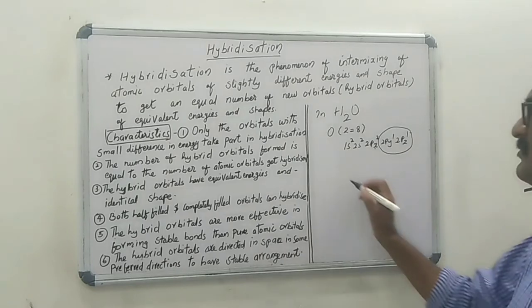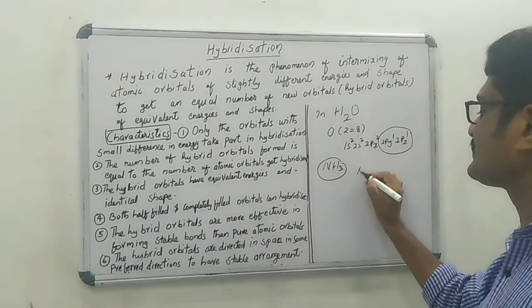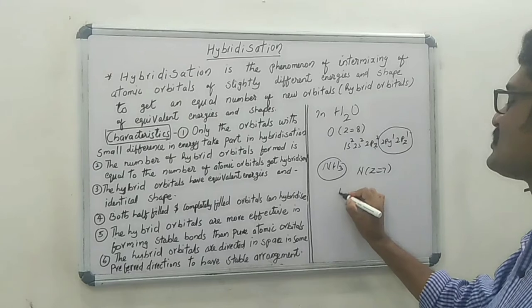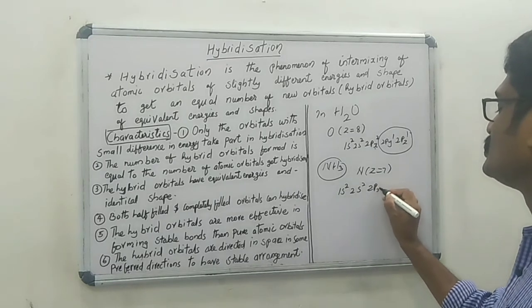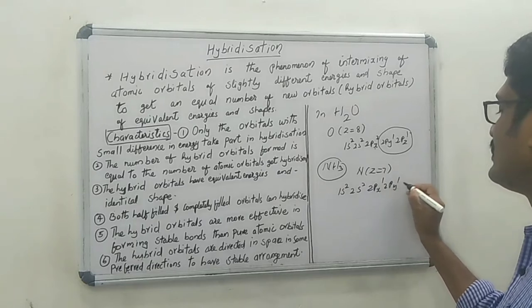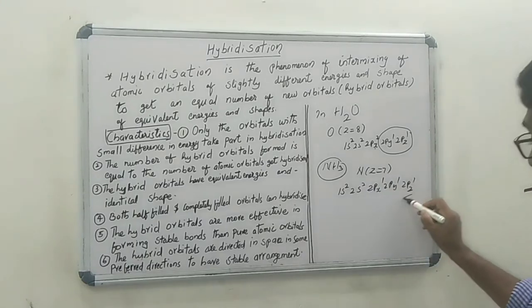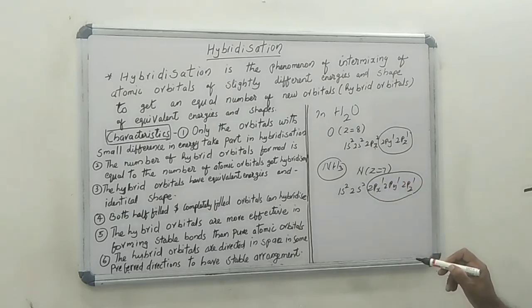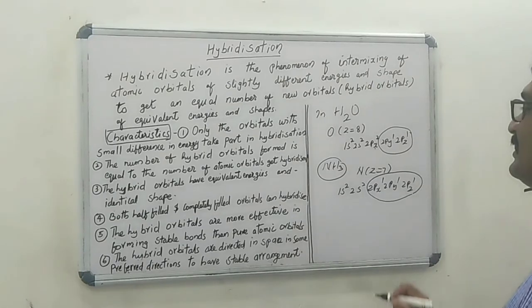Then the next example, in ammonia, the central atom is nitrogen, its atomic number is 7 and its electronic configuration is 1s2, 2s2, 2px1, 2py1, 2pz1. The number of half-filled atomic orbitals present in nitrogen is 3, hence the covalency of nitrogen is 3.